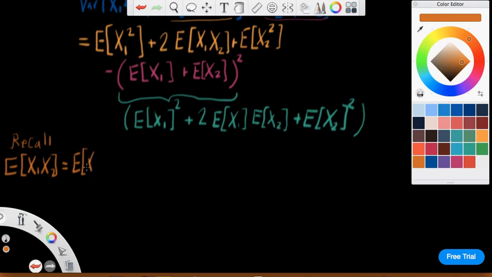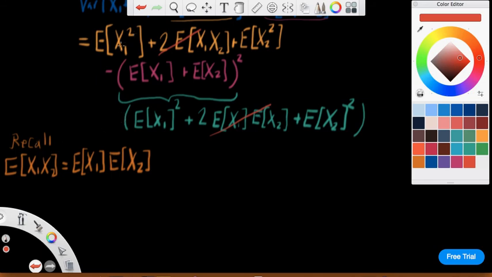So if you have two independent random variables, then the expected value of the product of the random variables is the product of their respective expected values. So based on this, we know that that guy cancels with this guy because of this.